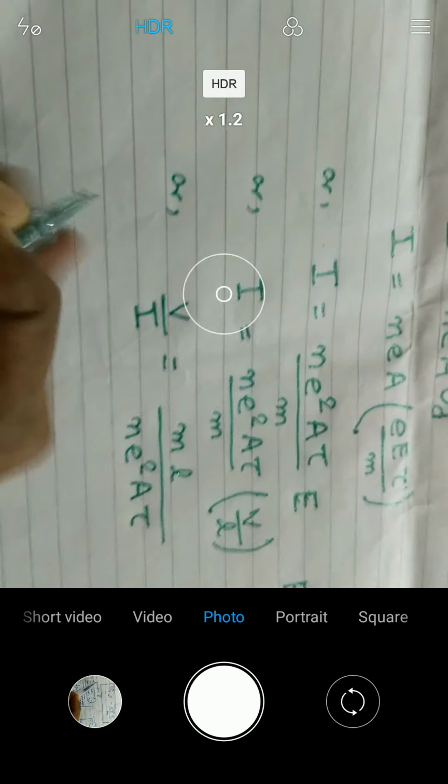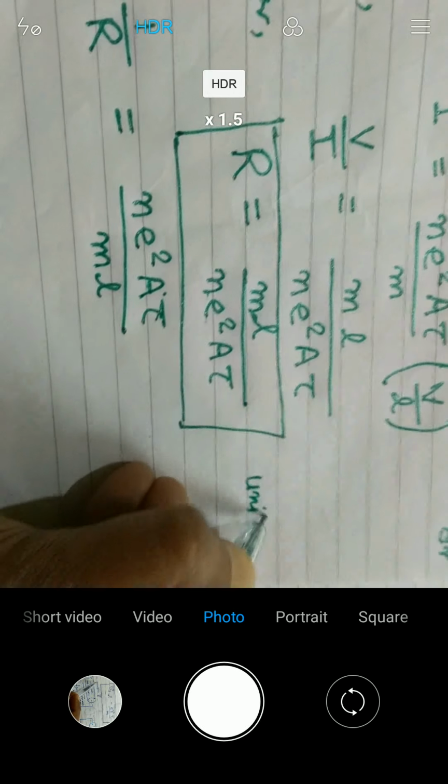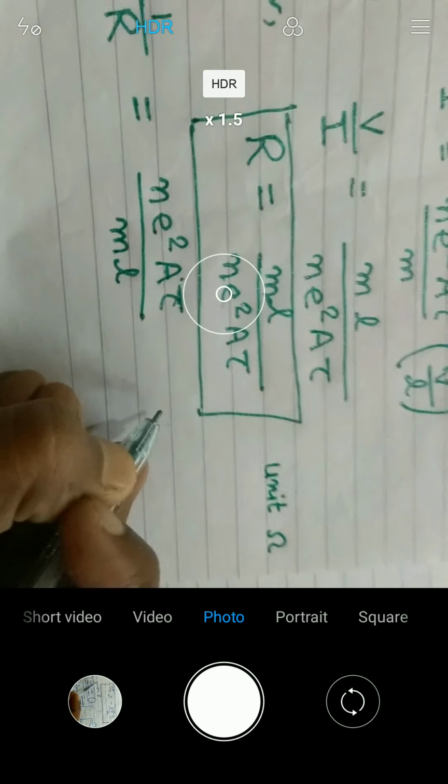So we have obtained the formula for resistance as well as the formula for conductance. As we all know, SI unit of resistance is ohm and SI unit of conductance is ohm inverse, or it may be written as mho.